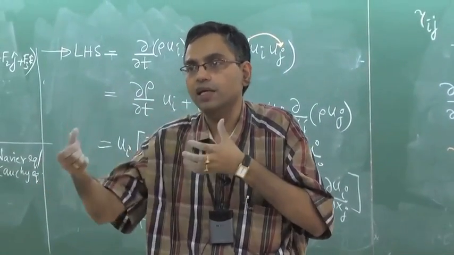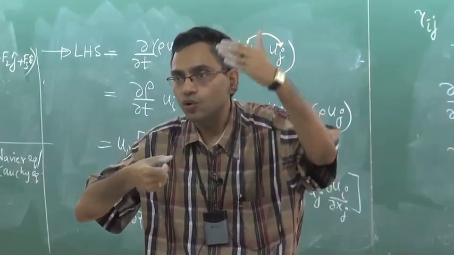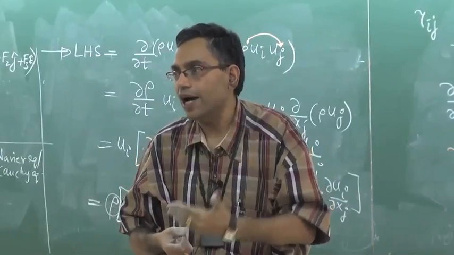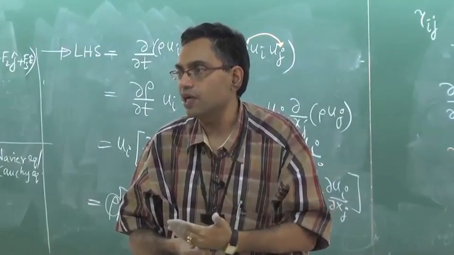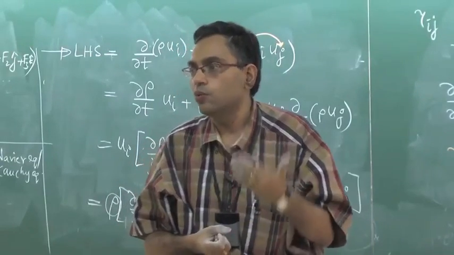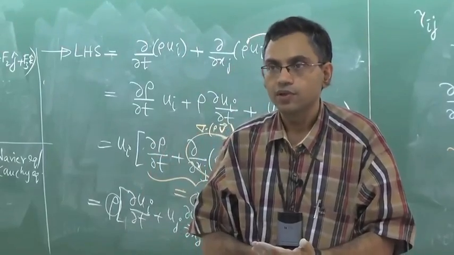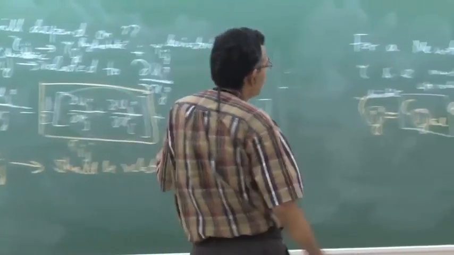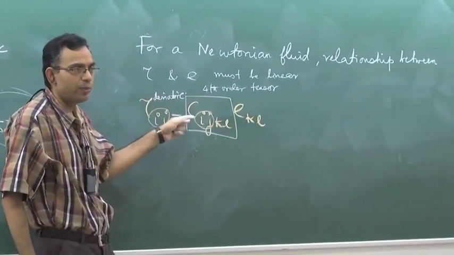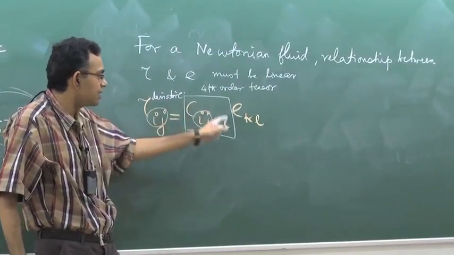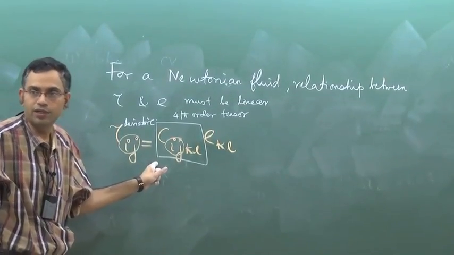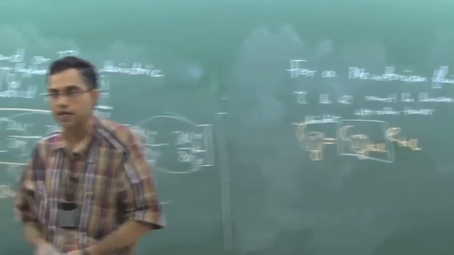To solve a practical problem, we can come down to fewer properties, and that requires the consideration of a special type of fluid known as homogeneous and isotropic fluid. So we will discuss the consequences of what is a homogeneous fluid, what is an isotropic fluid, and how can we write Cijkl for a homogeneous, isotropic and Newtonian fluid. That we will take up in the next lecture. Thank you.